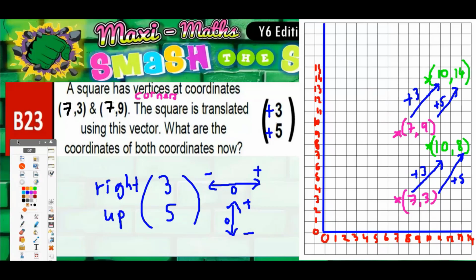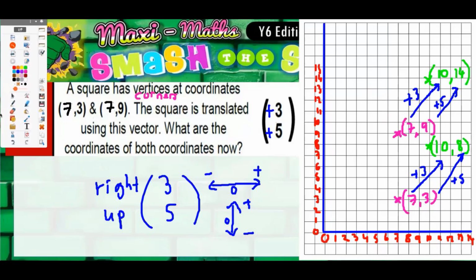So if you hadn't had the grid, what you could have done was write out the original coordinates like so. And if you realize that the top number is add 3 to the first number, so 7 add 3 is 10, 7 add 3 is 10.